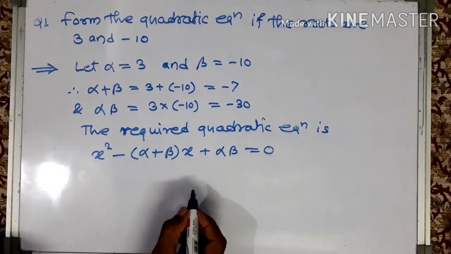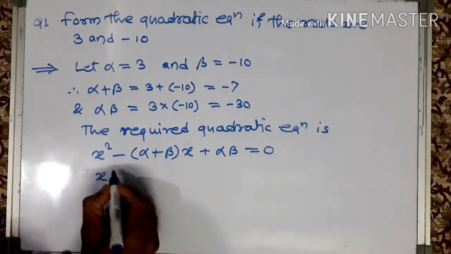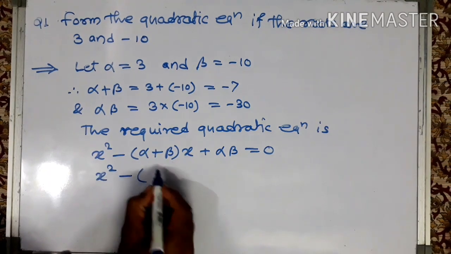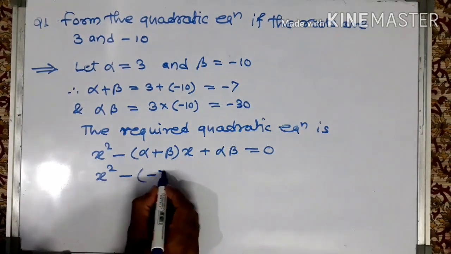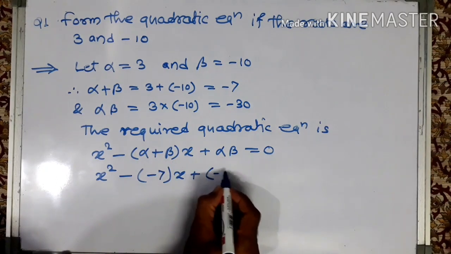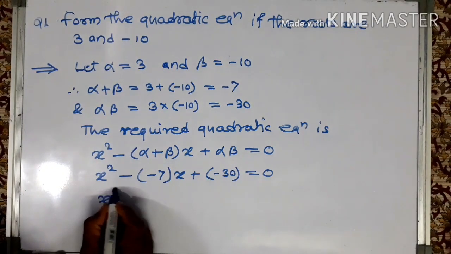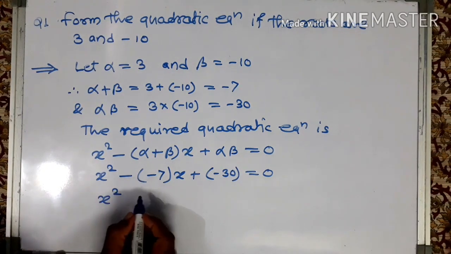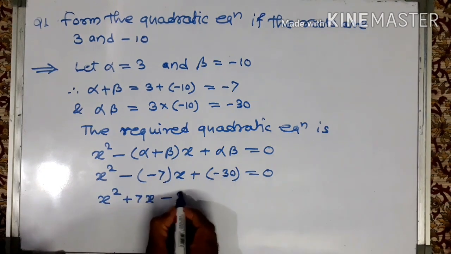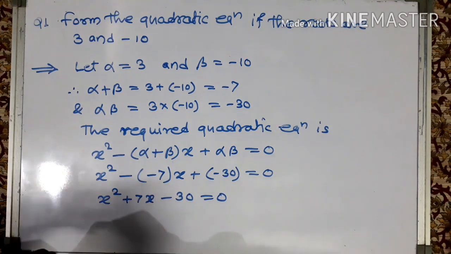This is the formula to form a quadratic equation when roots are given. X square minus alpha plus beta, which is minus 7, into x plus alpha into beta, which is minus 30, equals to 0. X square minus into minus is plus 7x plus into minus 30 equals to 0, that is, x square plus 7x minus 30 equals to 0. This is the required quadratic equation.